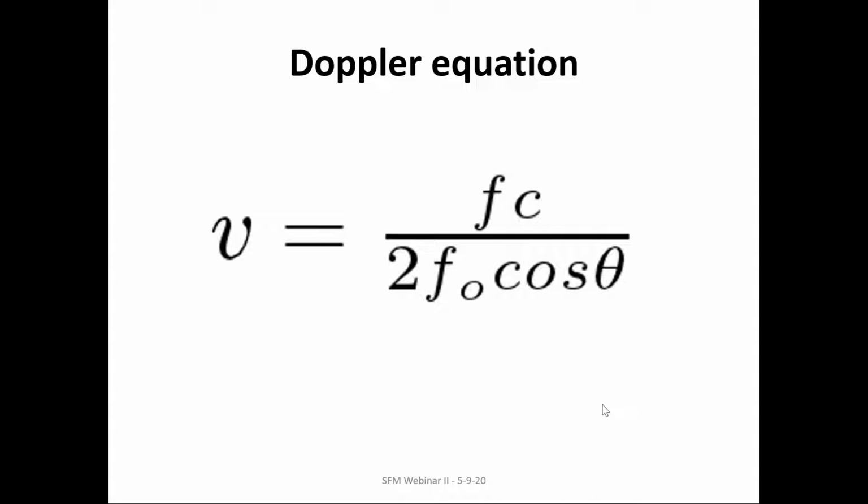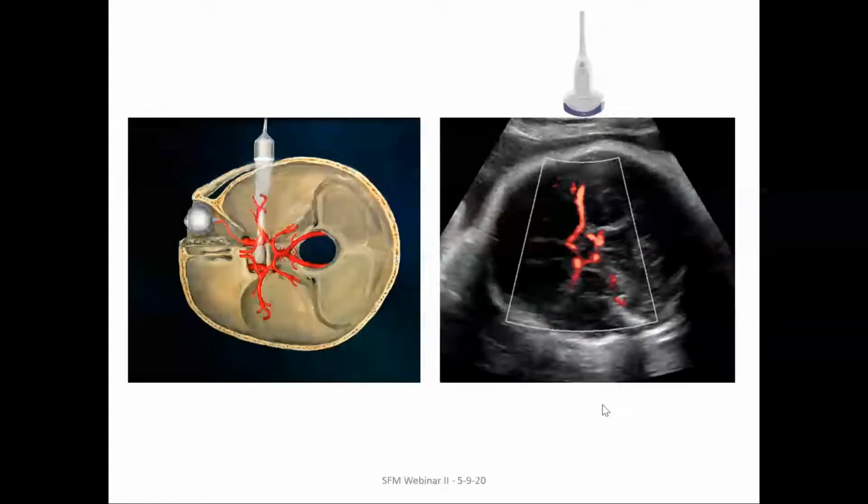And if cos theta has to be 1, my theta, or the angle of insonation, has to be 0 degrees. And the middle cerebral artery has a unique property that in its anatomical position in which we scan for it, it gives you a natural 0 degree angle of insonation. Therefore, you would not have to be really bothered about correcting for the angle to measure the absolute velocity.